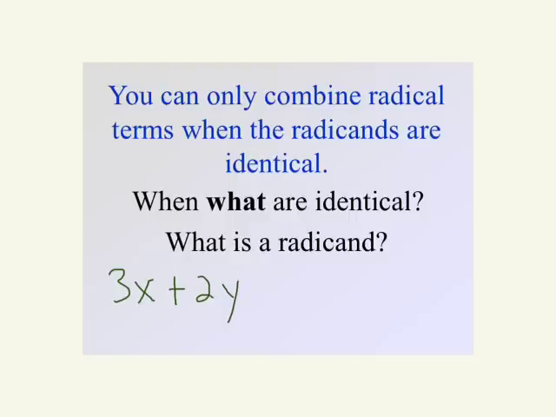So, for example, let's give you 5 radical 2 plus 6 radical 3. You cannot combine those two because they don't have like radicands. Remember, the radicand is the number inside the radical symbol, or in other words, the number inside the square root symbol. So 5 radical 2 plus 6 radical 3 can't be simplified because they don't have the same radicand.